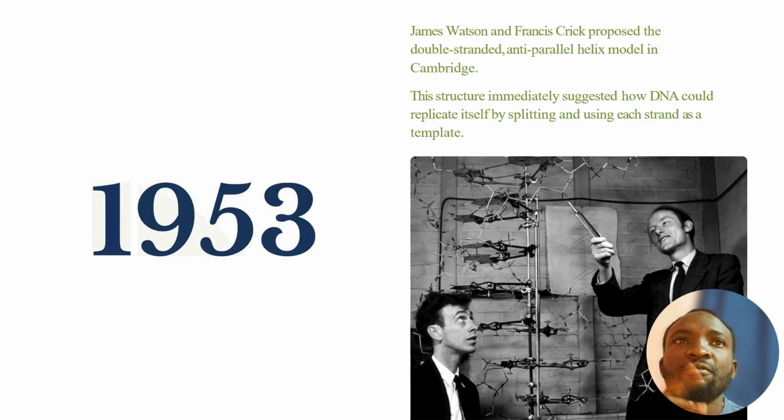In 1953, two scientists, James Watson and Francis Crick, proposed the double helix and anti-parallel helix model in Cambridge. This structure immediately suggested how DNA could replicate itself by splitting and using each strand as a template.